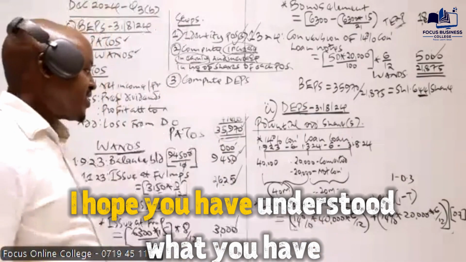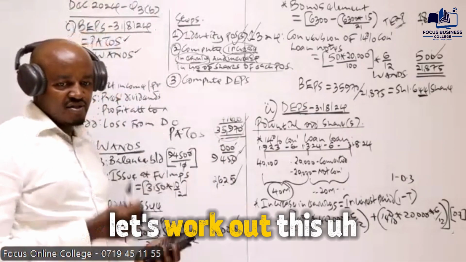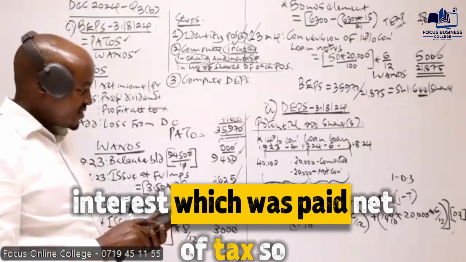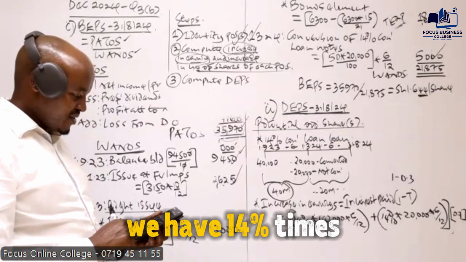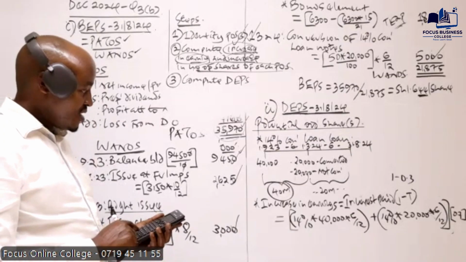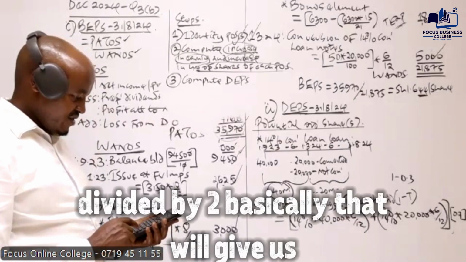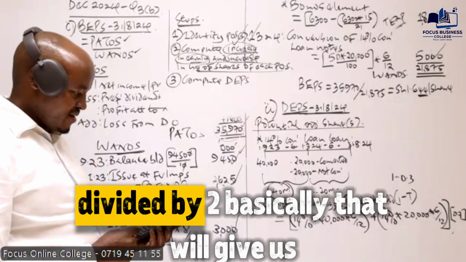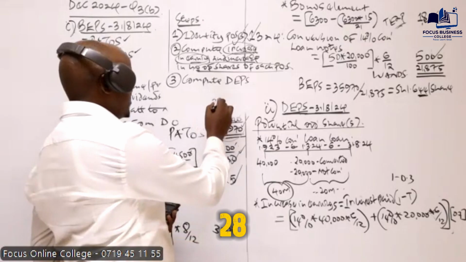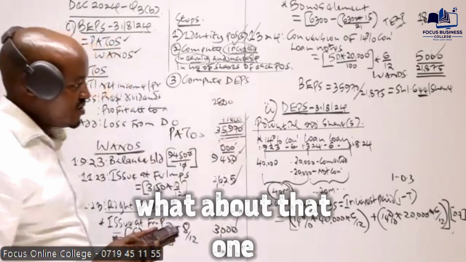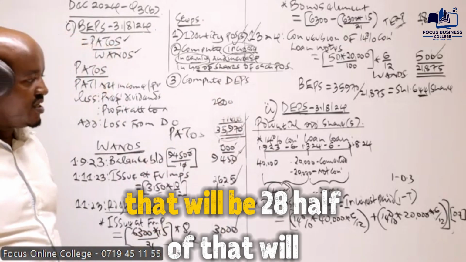I hope you have understood what you have done here. Let's work out this interest which was paid net of tax. So we have 14% times 40 divided by 2. Basically, that will give us 28. What about that one? That will be 28.